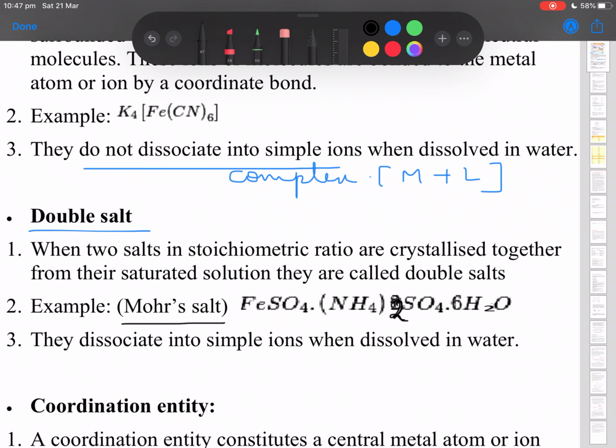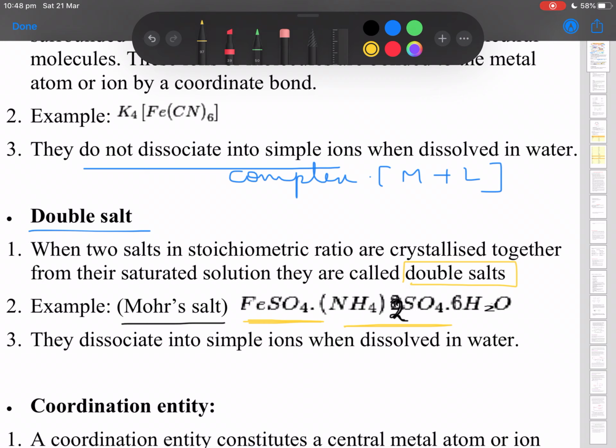It is made up of FeSO4, that is ferrous sulfate, which is one compound, and ammonium sulfate, which is another type of compound. So when two salts combine together, it is known as a double salt, and they are in the form of crystals. This you will be preparing in the lab as well. Mohr salt preparation is there in your syllabus.